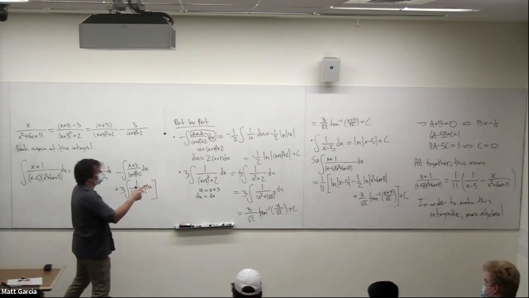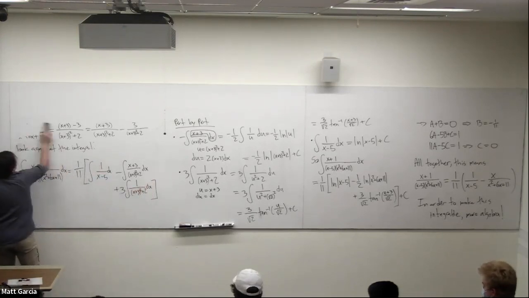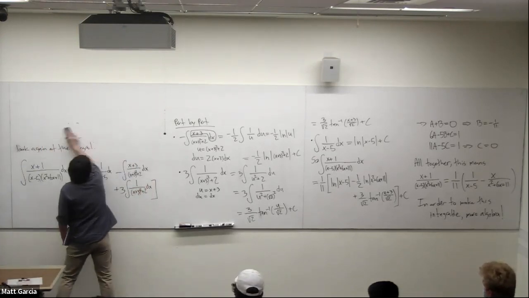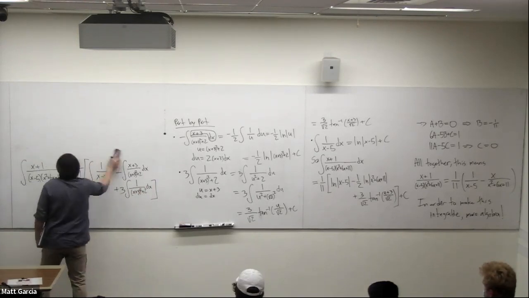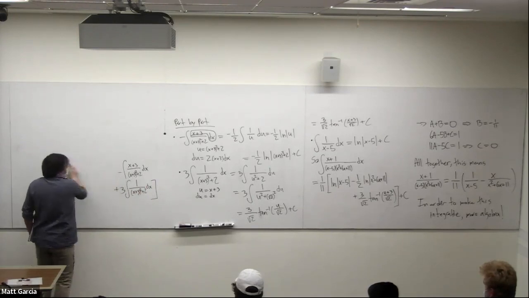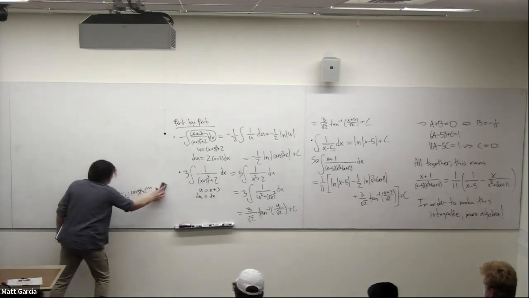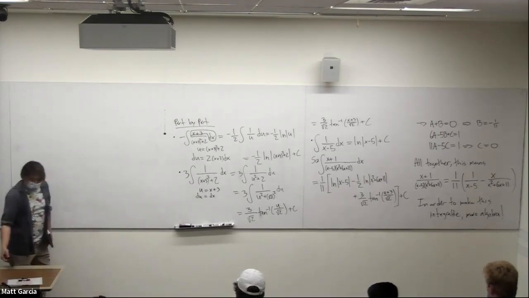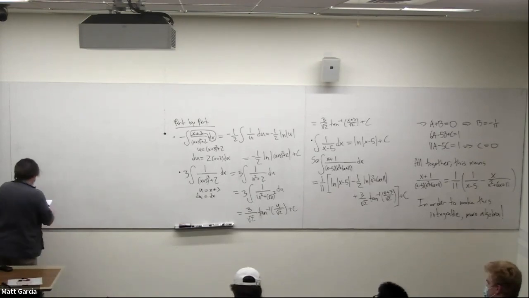Where am I on the board here? Good, I'm right here. So this is something that might come up. This is something that you should have on hand when you're doing homework and try to remember when you're taking a test or quiz.